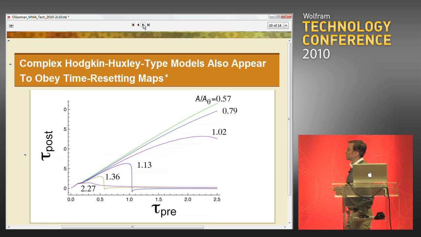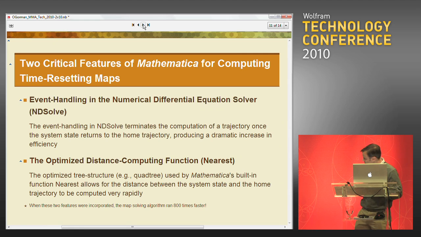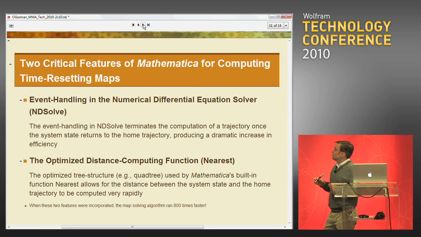And this is work in progress. Amazingly enough, if you apply that same algorithm in the higher dimensional space, you get similar looking maps. So you have this one-dimensional geometric representation of the response that even works for the complicated biophysical model.